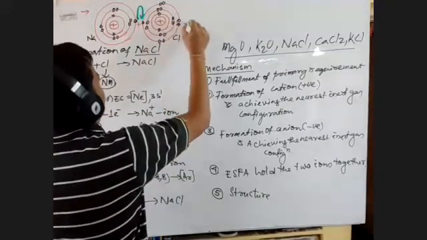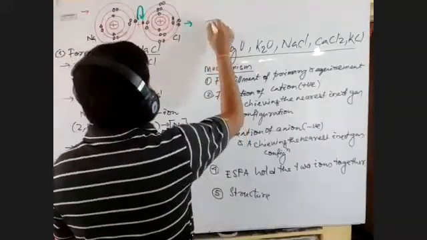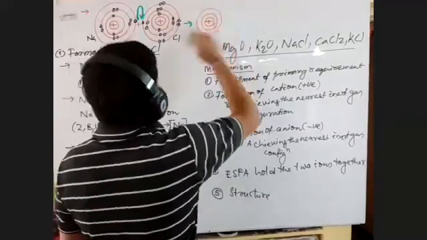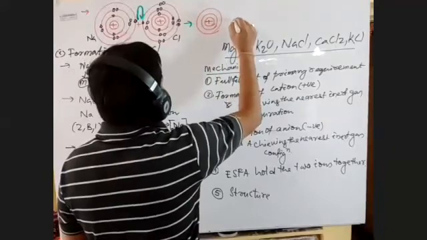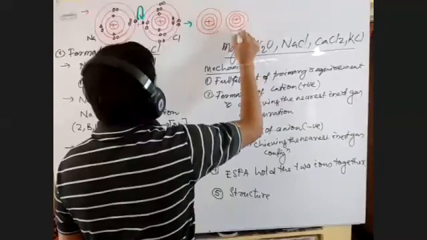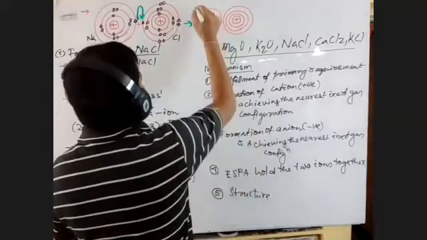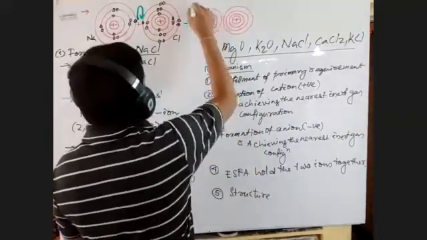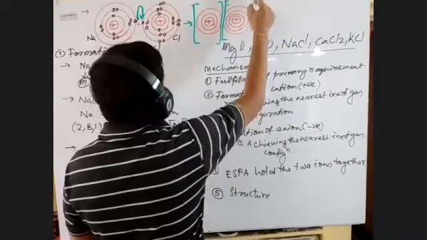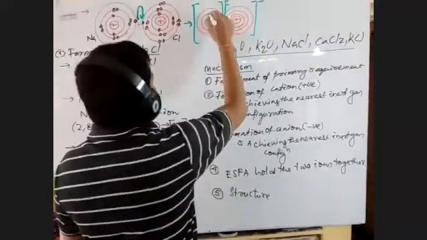So then what will happen now? Now, only two shells are left in sodium, whereas chlorine has three shells now. So this entirety becomes electrically positive, and this entirety becomes electrically negative. What configuration do you observe here?